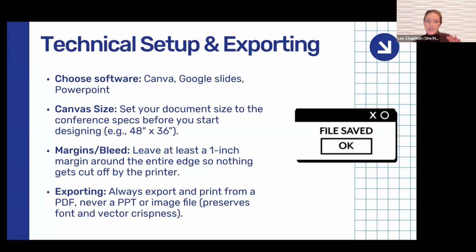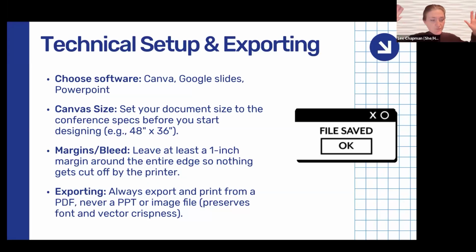I would just suggest having at least a 1 inch margin around the entire edge of your poster so nothing gets cut off by the printer, because especially with large format printing like a 48 by 36, sometimes the registration isn't perfect.